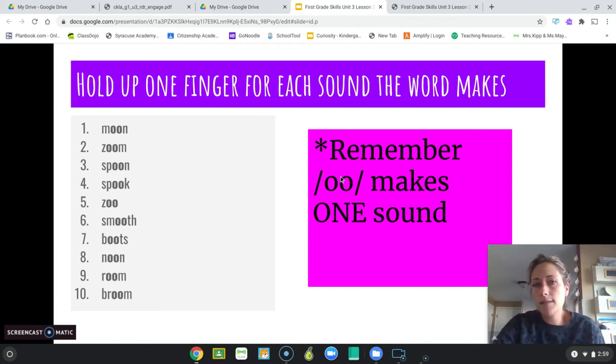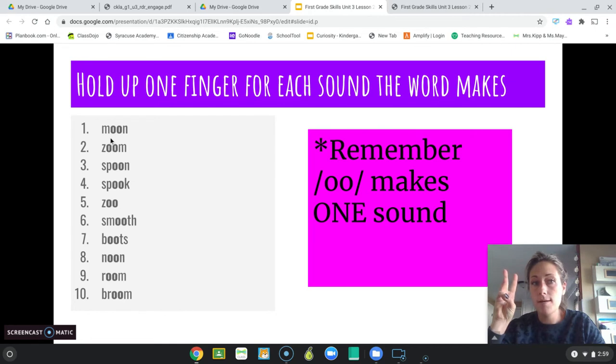And remember that O-O, the OO sound, only makes one sound. So our first word is moon. Let's count how many sounds moon has. We have m, ooh, n. Moon. That's 3 sounds.